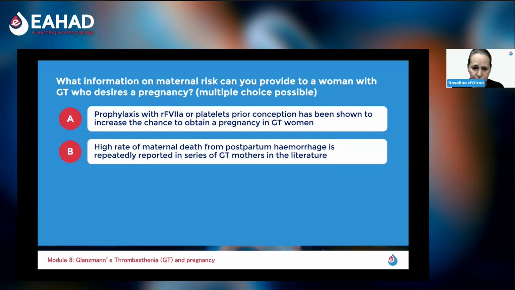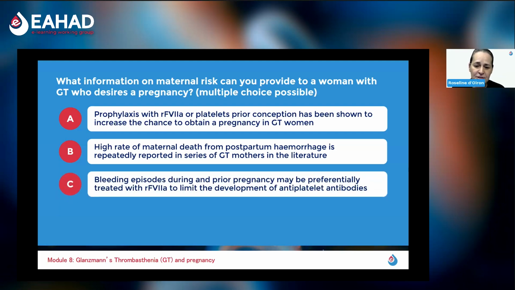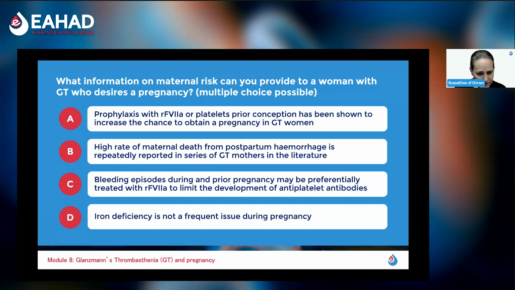B, a high rate of maternal death from postpartum hemorrhage is repeatedly reported in series of GT mothers in the literature. C, bleeding episodes during and prior to pregnancy may be preferentially treated with 7A to limit the development of antiplatelet antibodies. And D, iron deficiency is not a frequent issue during pregnancy.